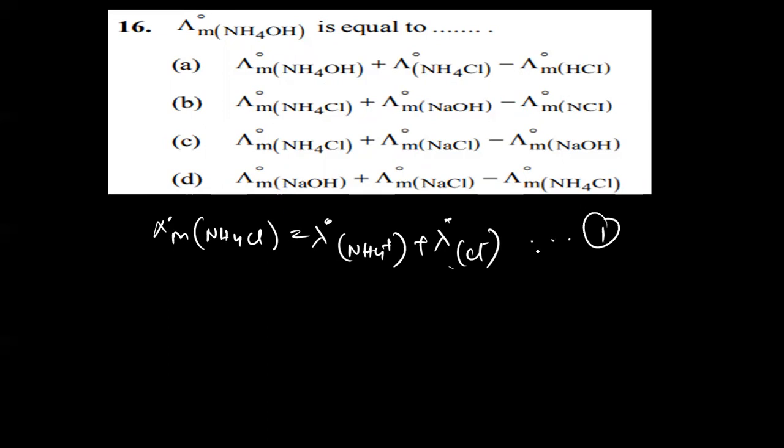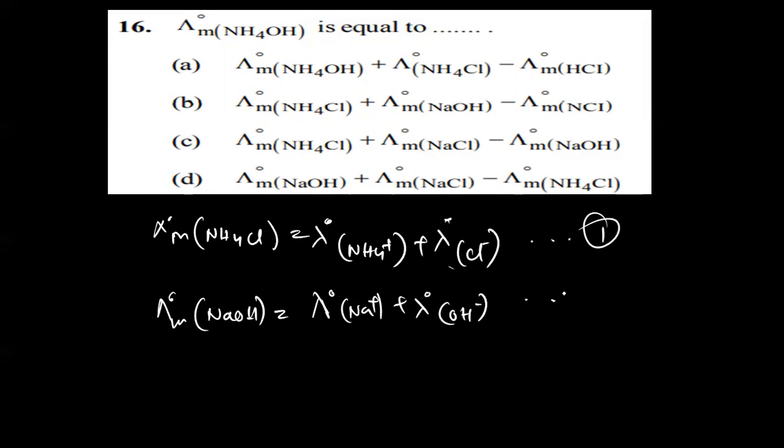So let me consider this as equation number 1. Similarly, lambda naught m of NaOH is written like lambda naught of Na plus plus lambda naught of OH minus, and this as equation number 2.